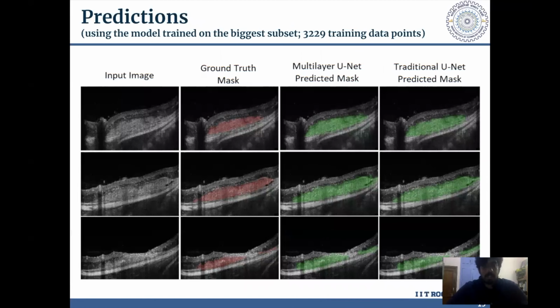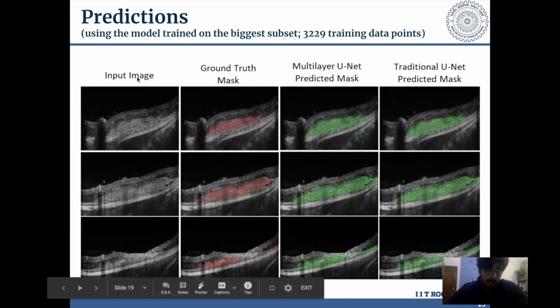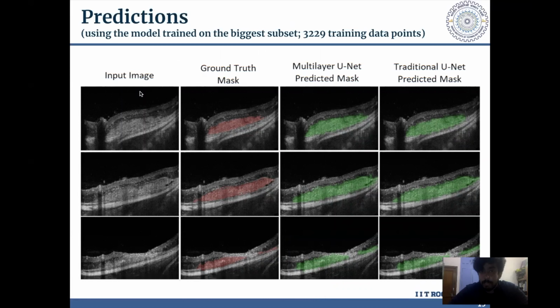All right, so finally, the results. The first column shows the input image that was fed into the model after training. Here's the ground truth mask, which is the actual mask of the tumor region present in the input image. And finally, the results from the multi-layer unit architecture and the traditional unit model.